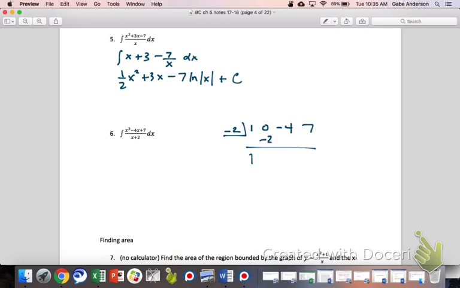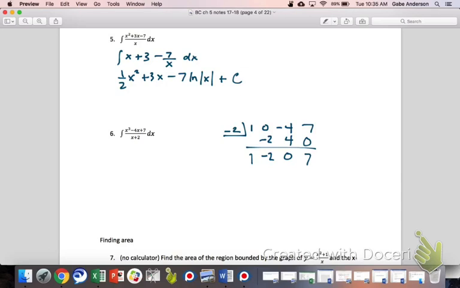And what do we do with the 0 and the -2? We add them up. So -2 goes there. Then I multiply these two together: -2 times -2 is 4. I add those up and I get 0. Interesting. Then I multiply these two together, and I get, of course, 0. Add those up and I get 7.